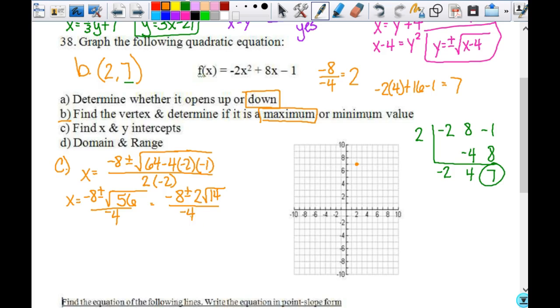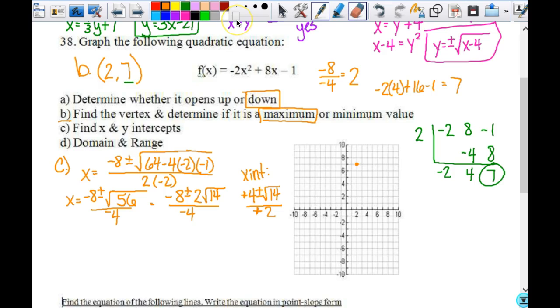Then I can reduce all of that and get that my x-intercepts are at negative 4 plus or minus the square root of 14 all over a negative 2. And then make those both positive. So it's just 4 plus or minus the square root of 14 over 2.